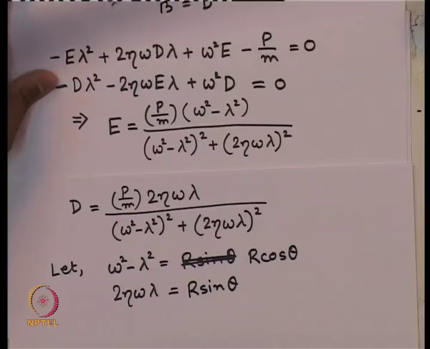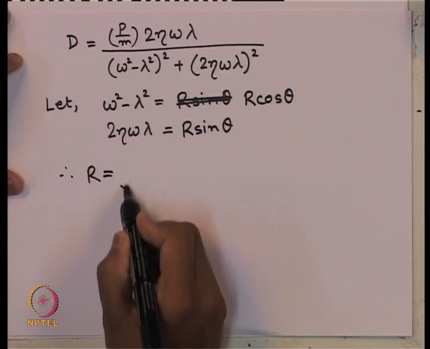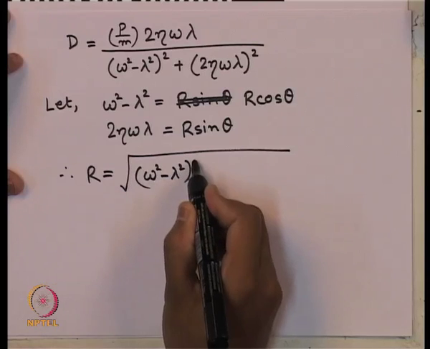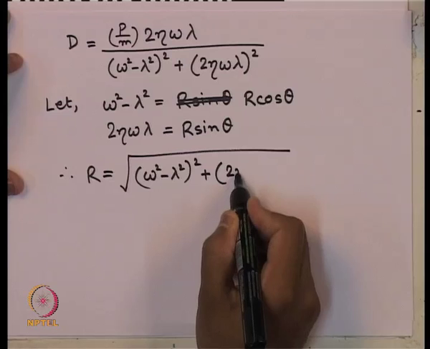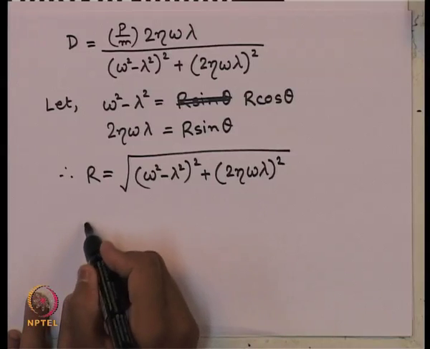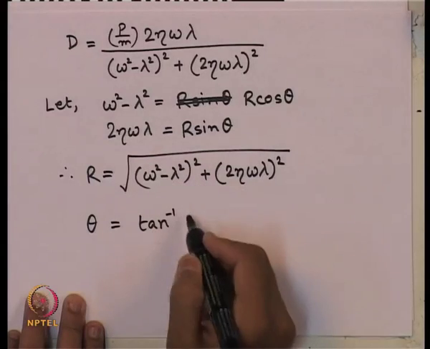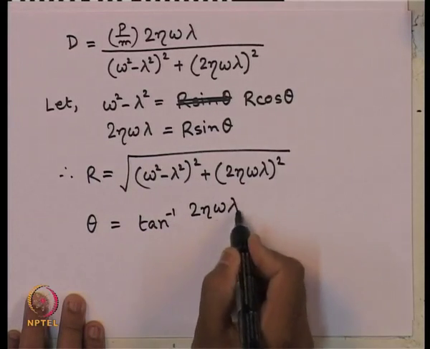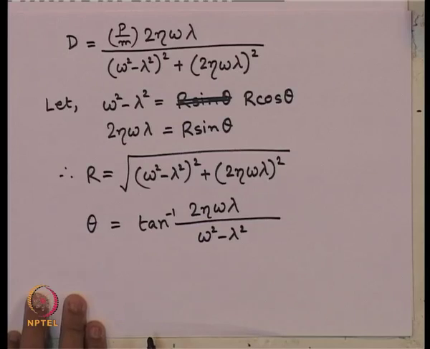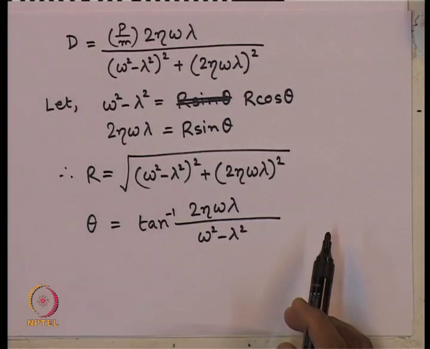So, what we get? What is r? Therefore, r is root over omega square minus lambda square whole square plus 2 eta omega lambda whole square, that is our r, and theta is nothing but tan inverse of 2 eta omega lambda by omega square minus lambda square. That is how we have chosen these two parameters in terms of r and theta.